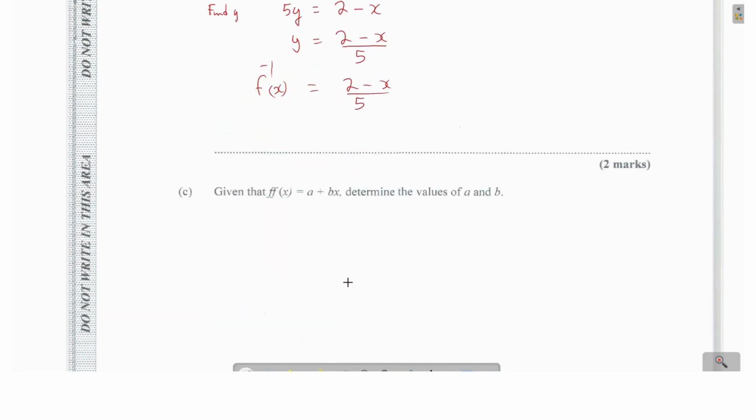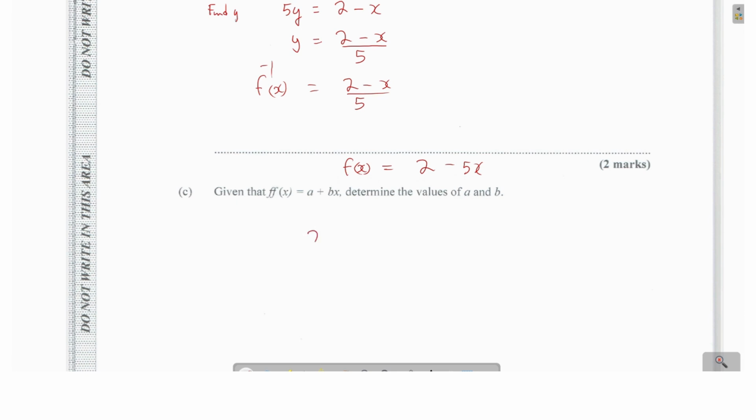Part C. Given that f of fx is equal to a plus bx, determine the values of a and b. So we know that f of x, let's rewrite it. We know that f of x was given as 2 minus 5x. So we need to write f followed by f.